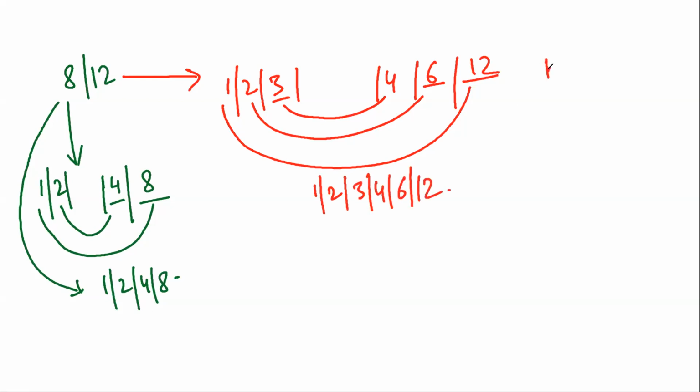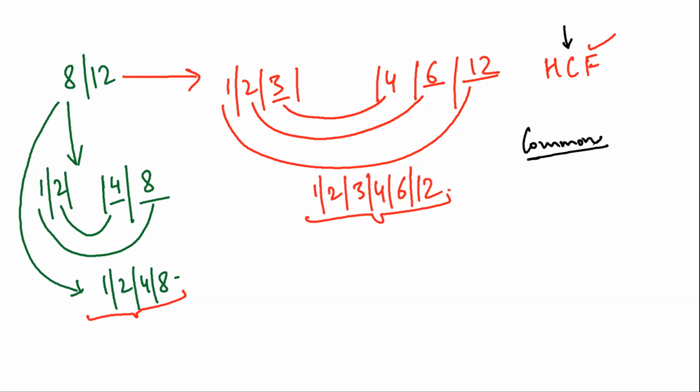We have to find the HCF. We have found the factors. These are the factors. What are the common factors? So 1, 2 and 4. Yes or no?